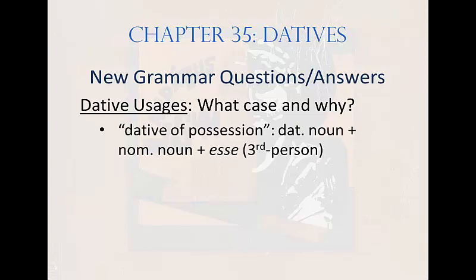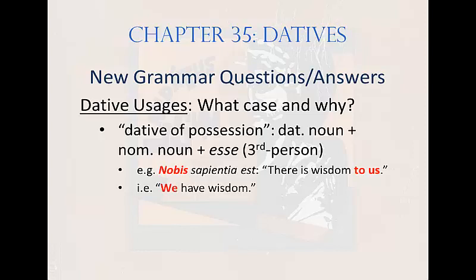Next is the dative of possession, a construction consisting of a dative noun plus a nominative noun plus a third-person form of esse, as in nobis sapientia est, meaning literally, there is wisdom to us, or in other, better words, we have wisdom.